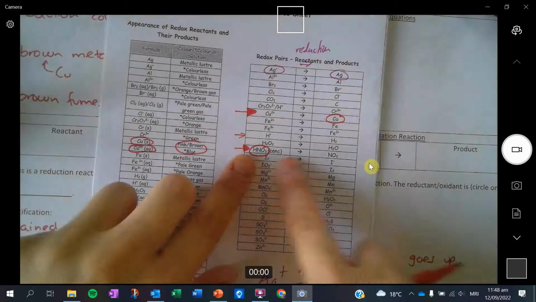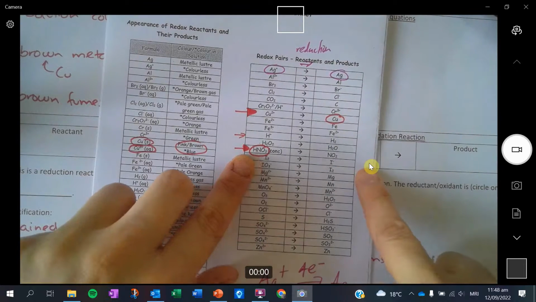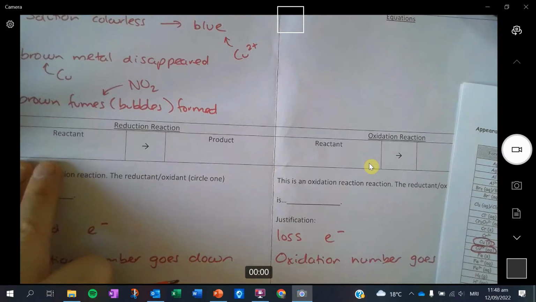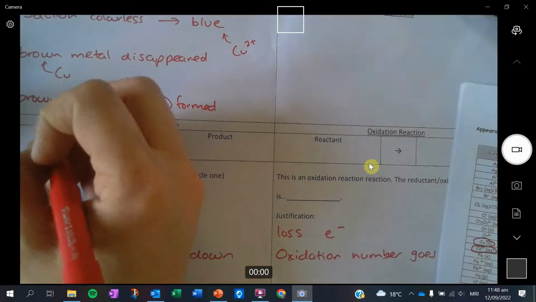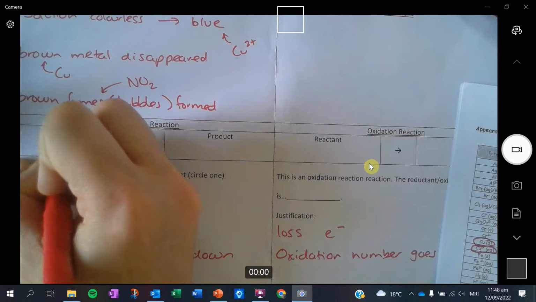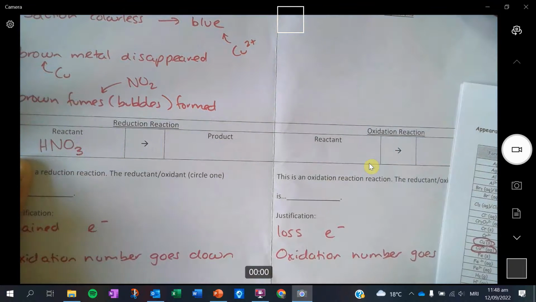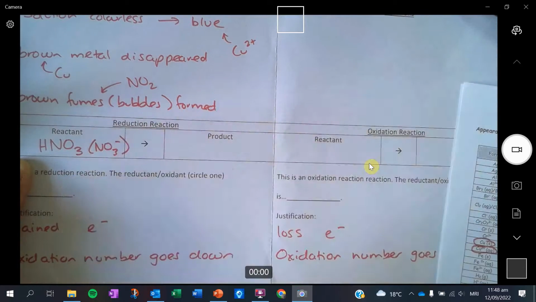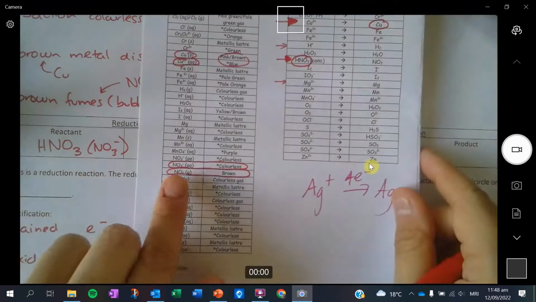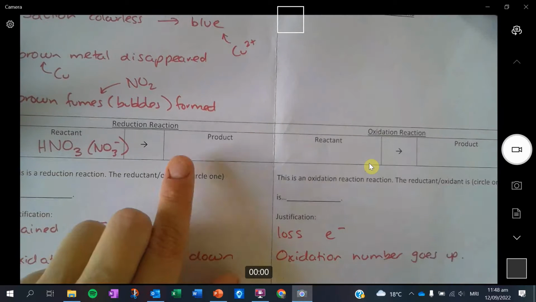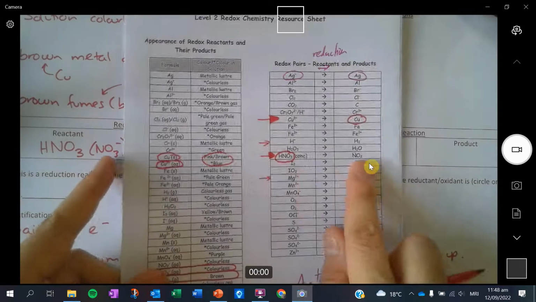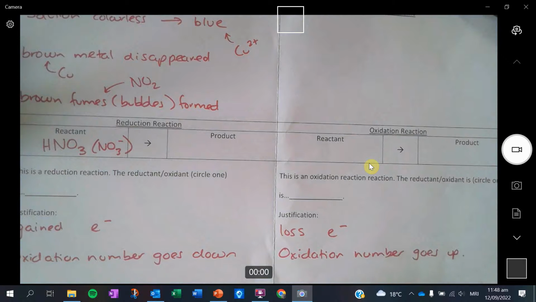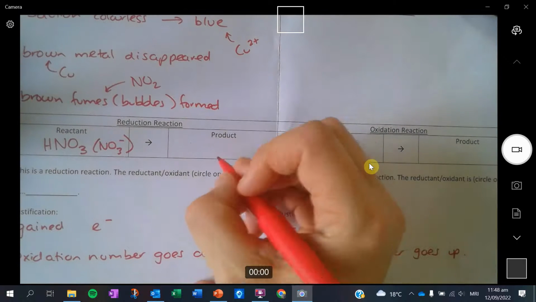So if I'm going in this direction, that is my reduction reaction. So my reduction reaction, my reactant, is the nitric acid. I will also accept if you wrote NO3-, because that's how it's listed on this side. And then it is becoming NO2.